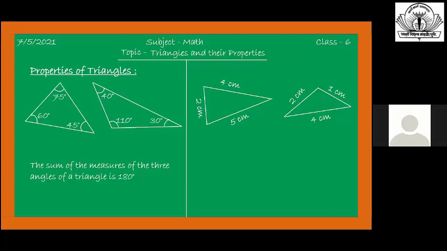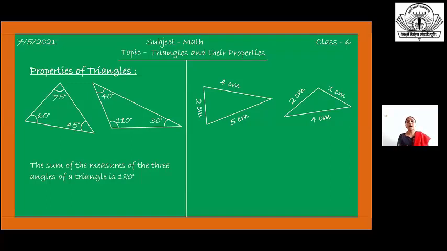So can you come to a general statement for this? Can anyone tell me a general statement for what we did just now? Sum of adjacent sides will be greater than the remaining side. In a triangle the sides will be adjacent only, but we need not put the word adjacent.